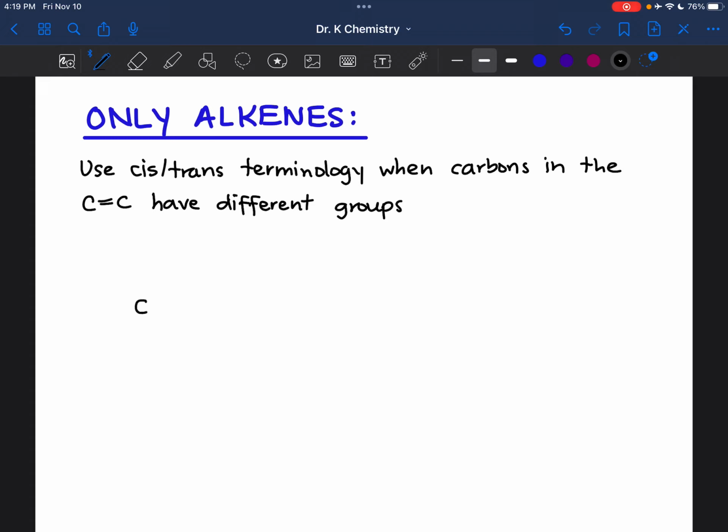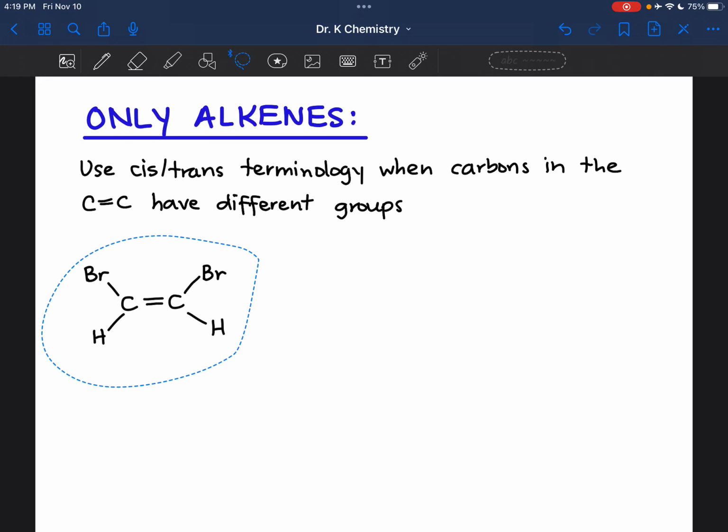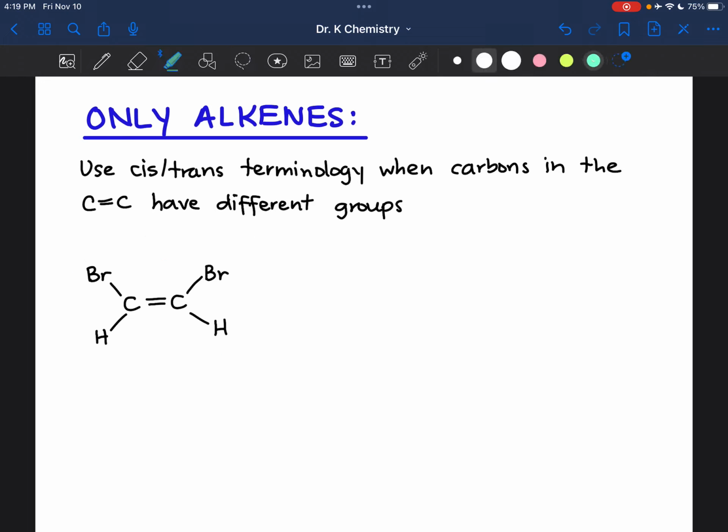Let's look at an example. Okay, so in this example, let's number the carbons. I'll call this carbon 1 and this carbon 2. Notice that carbon 1 has 2 different groups on it. It has a bromo, and then it just has a hydrogen.